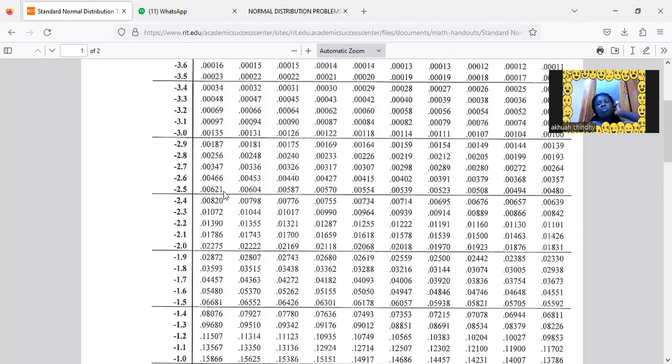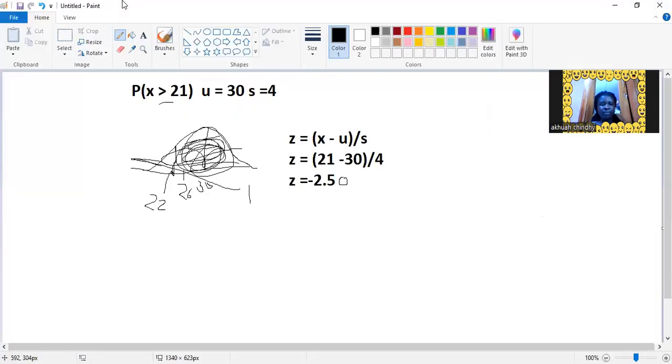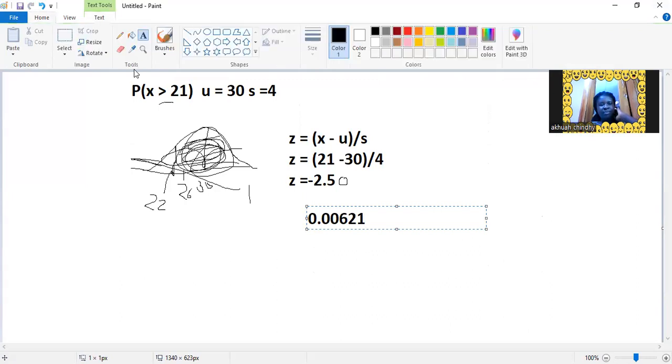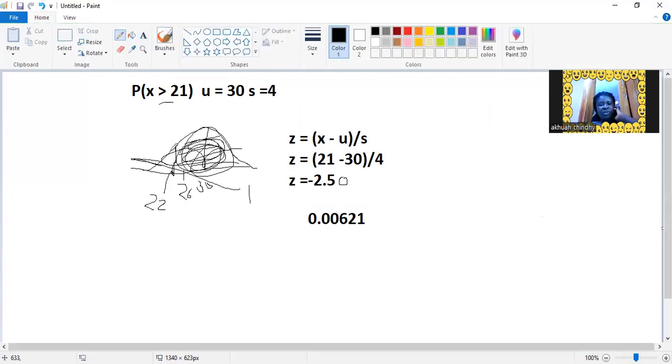So this is the answer we pick for the negative side, that's less than 21, which is 0.00621. This answer is for this side, which is what we read from the negative table.